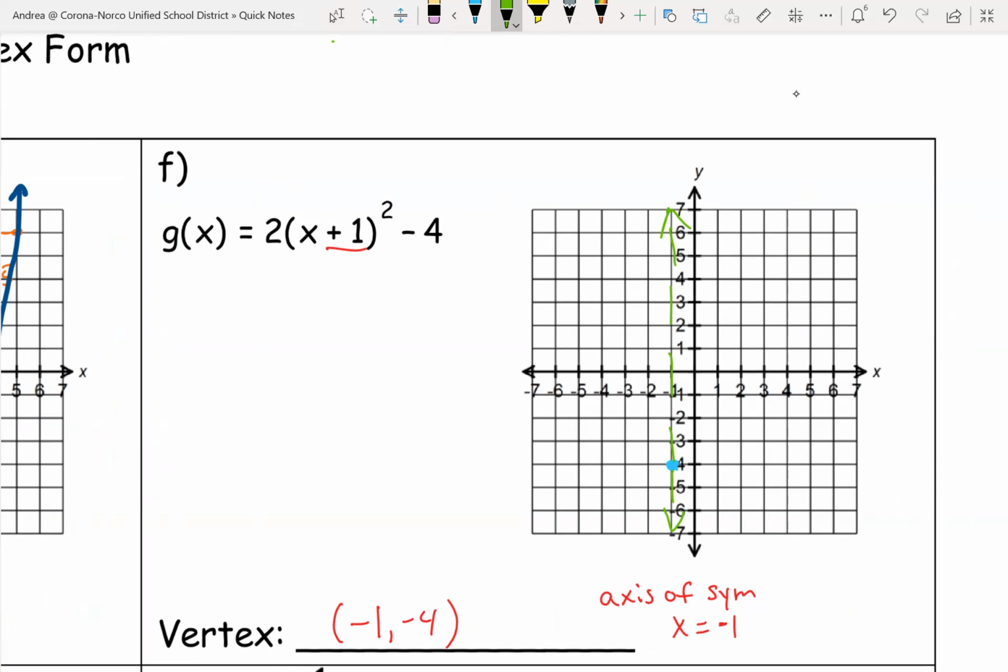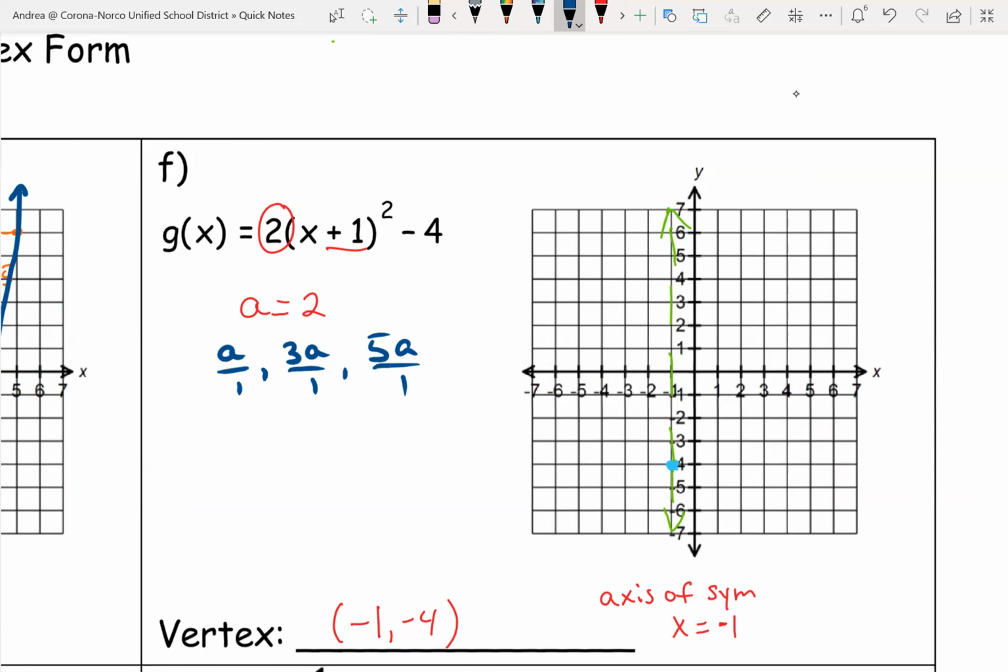Travis, what's my A value? Very good. A equals 2. So my pattern is A over 1, 3A over 1, 5A over 1.